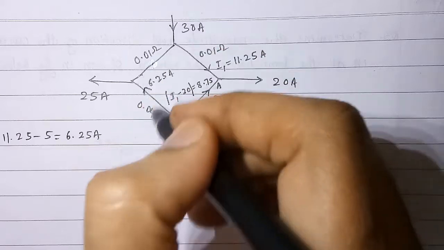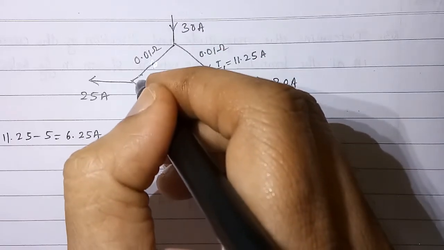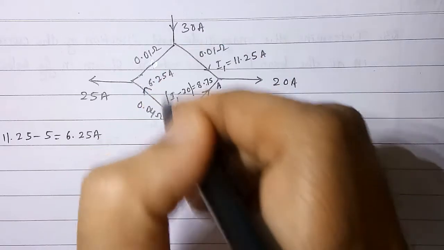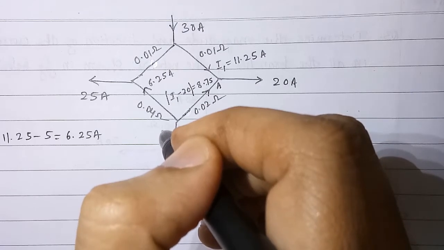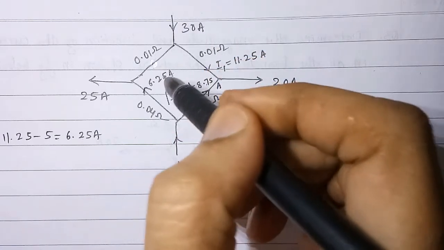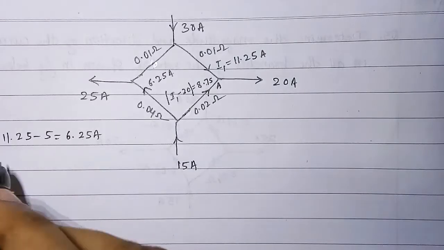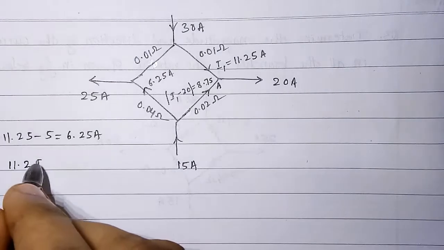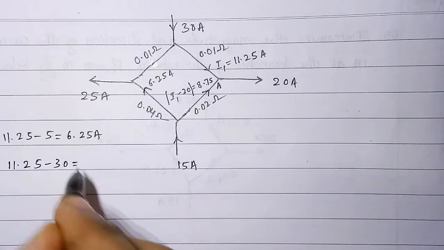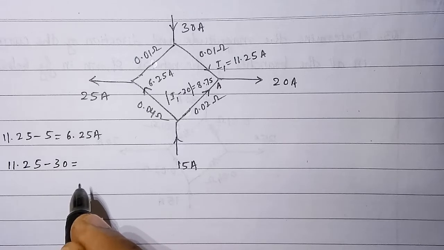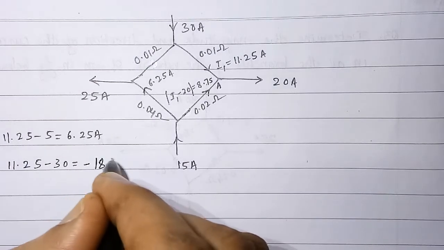And the current flowing in this branch is I1 minus 30 ampere in the upward direction. But if I calculate 11.25 minus 30, that is I1 minus 30, I get the answer with a negative sign, that is minus 18.75.